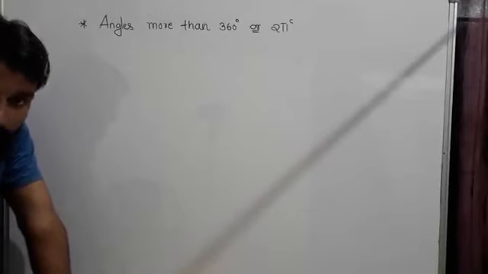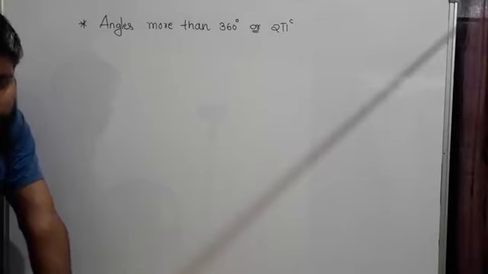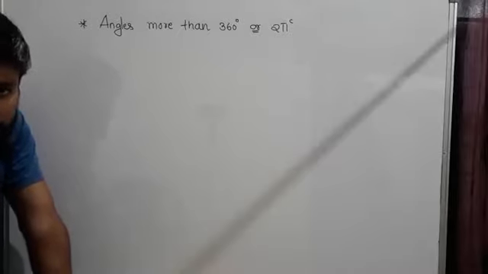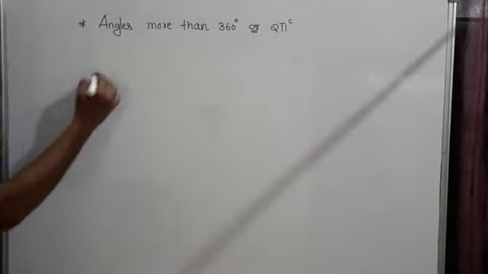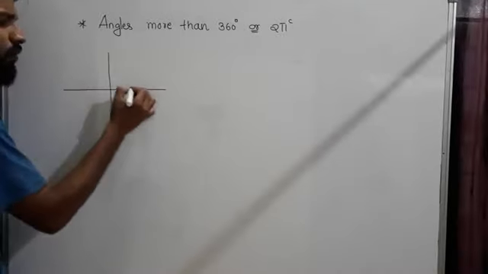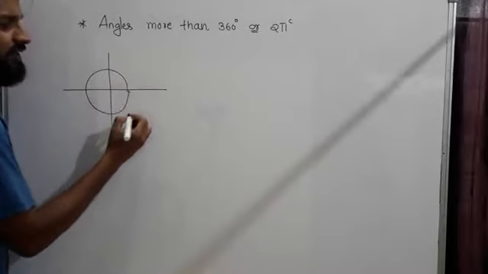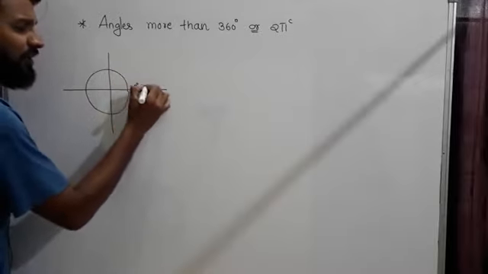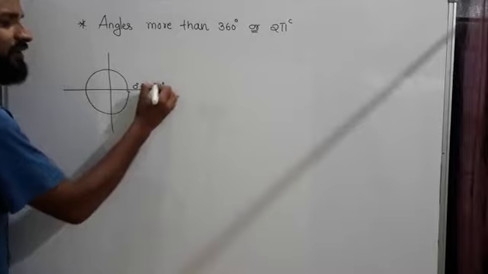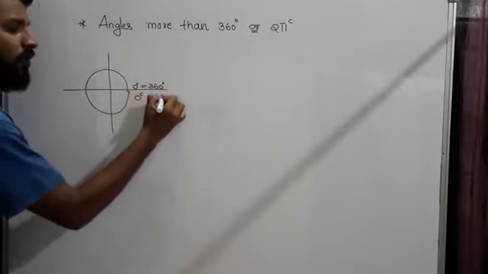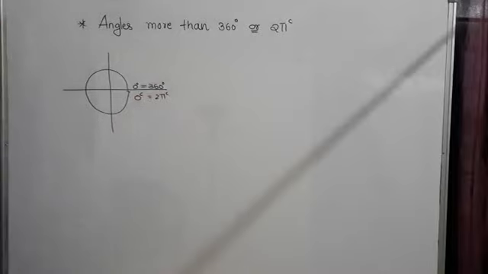Well, as I already told you in the very first video of trigonometry, 360 degree and 0 degree are one and the same, because 360 degree means one complete rotation. So that's why we say 0 degree and 360 degree are one and the same, or you can say 0 radian and 2 pi radian are one and the same.